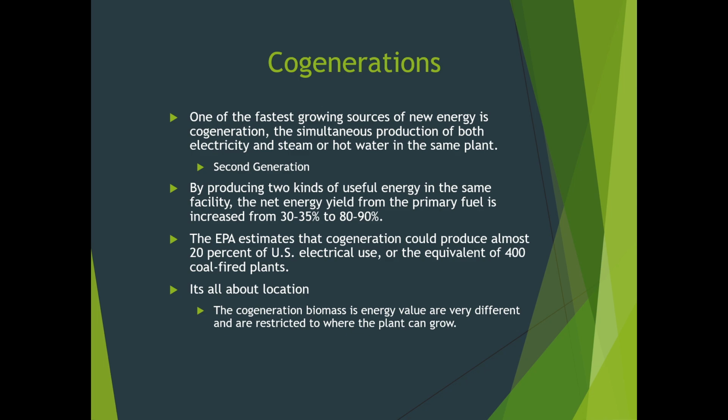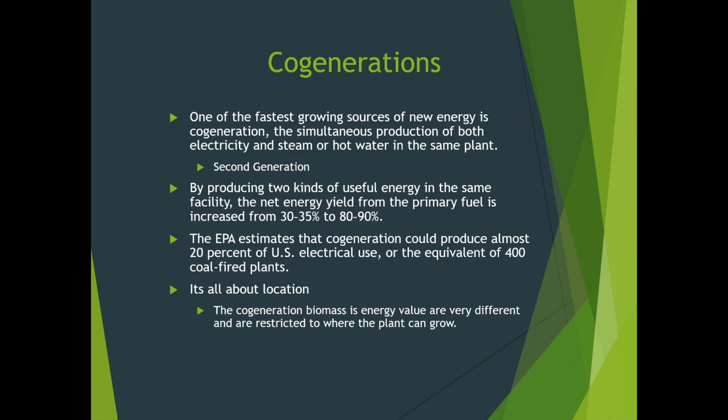The EPA estimates that cogeneration could produce almost 20% of U.S. electrical use, or the equivalent of about 400 coal-fired plants. So we have put in a good push for these cogeneration plants. But it's really all about location. The cogeneration biomass energy levels are very different and are restricted by where the plant can grow.